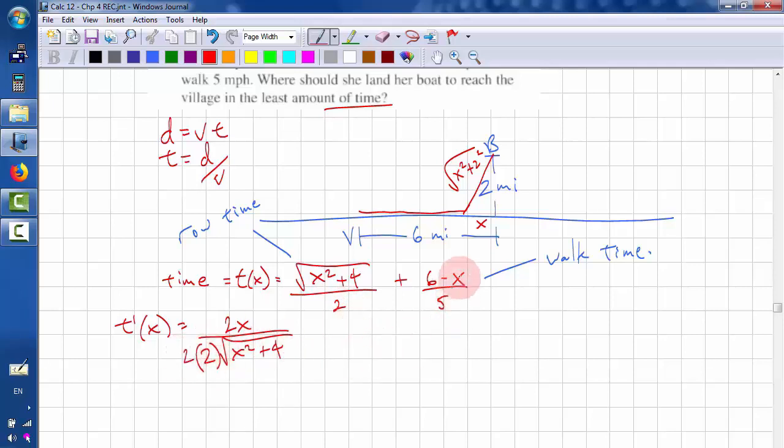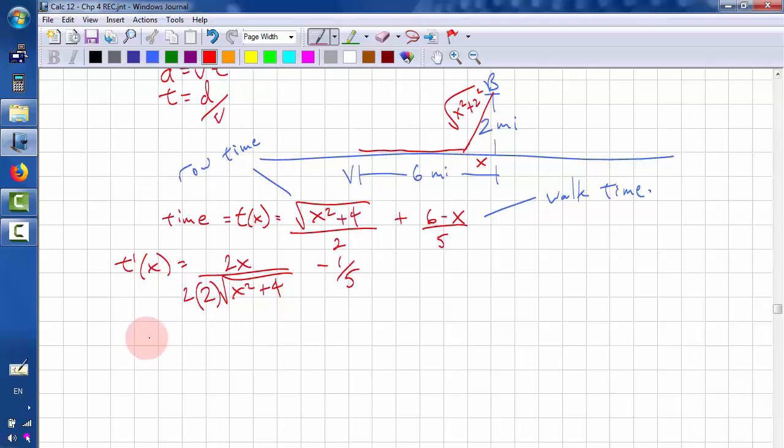And here, our derivative is negative 1/5. The 6 does not factor into the derivative. Okay, that looks pretty complicated, but t prime of x equals 0 equals 2x over 4 square root of x squared plus 4 minus 1/5.